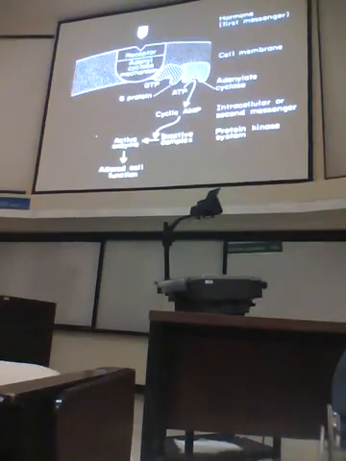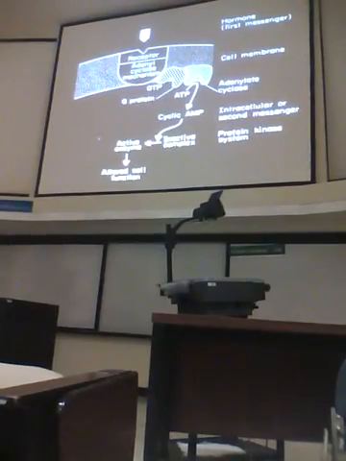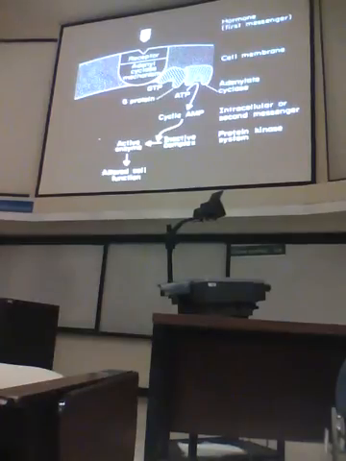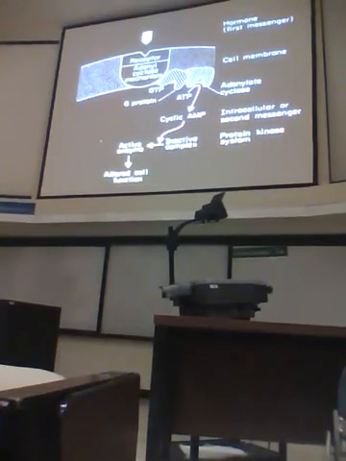And a typical example is this one, where the second messenger is cyclic AMP, which is produced as a result of the action of this enzyme adenylate cyclase, which is membrane bound.